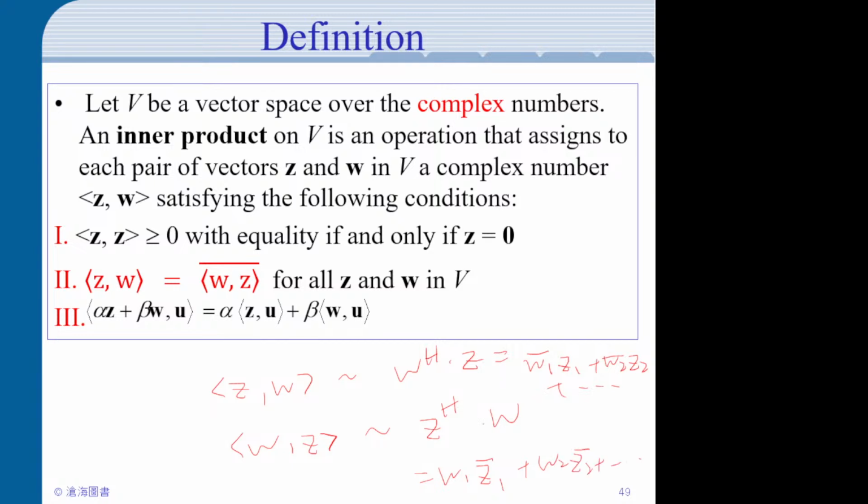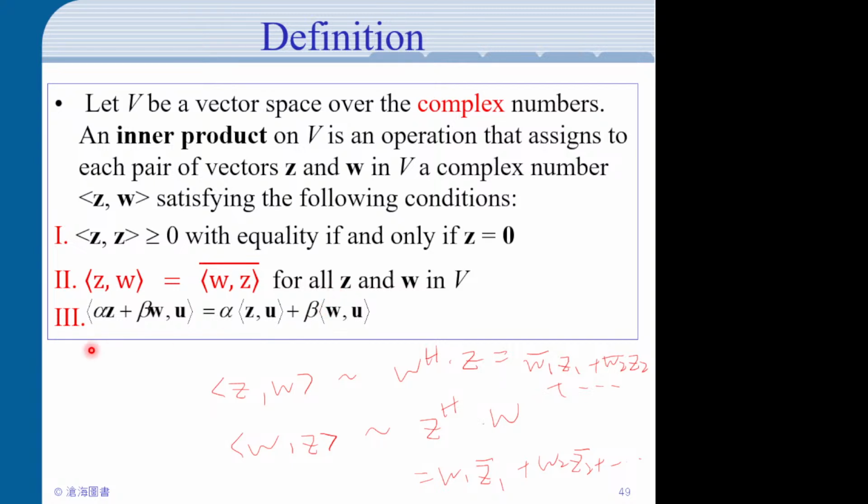So you see that you are barring different variables. You have w1 bar z1 here, and w1 z1 bar there. Those two things are complex conjugates of each other, and they are not necessarily the same. So you don't have total symmetry in the two arguments anymore. That's the most different thing about the complex inner product.